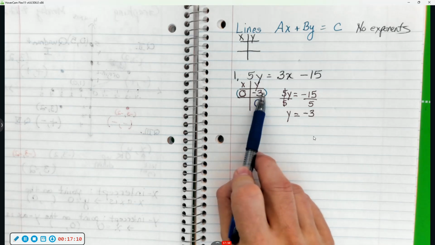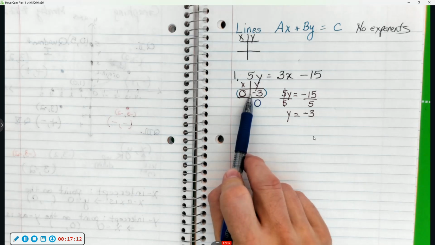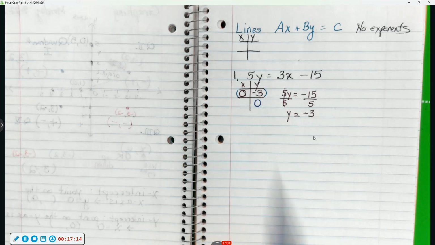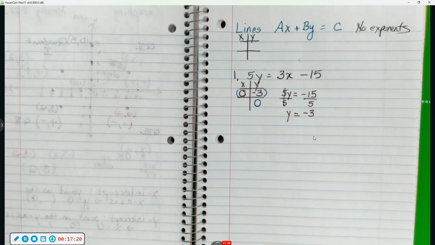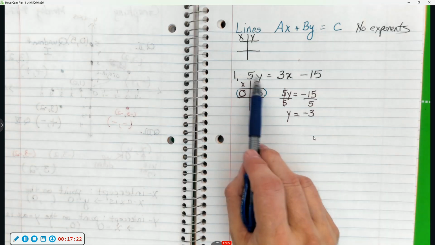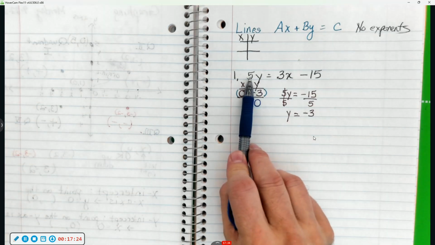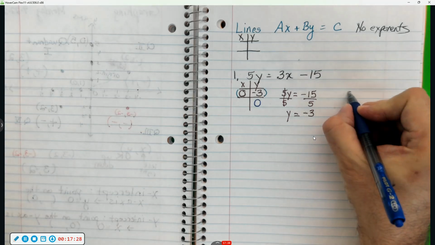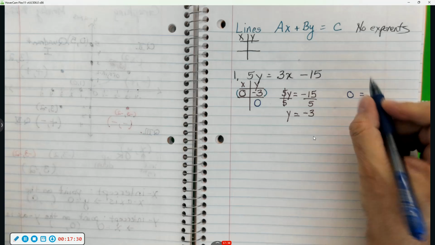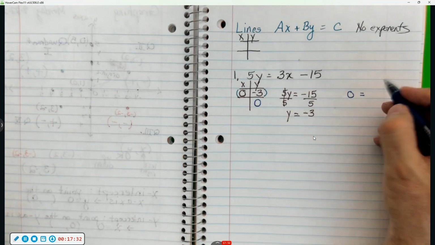You need 2 ordered pairs to graph a line, 2 dots to plot and connect. Now, when I plug a 0 in for y, I'm using blue for that. Putting a 0 here, the 5 times 0, that would just be 0, equals 3x minus 15.